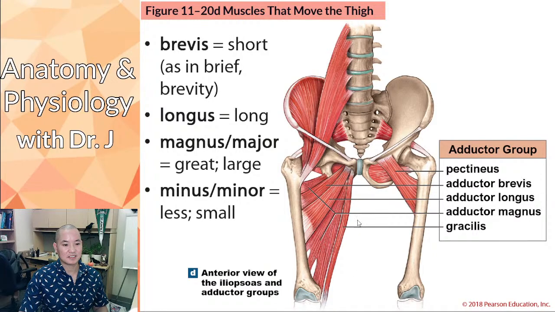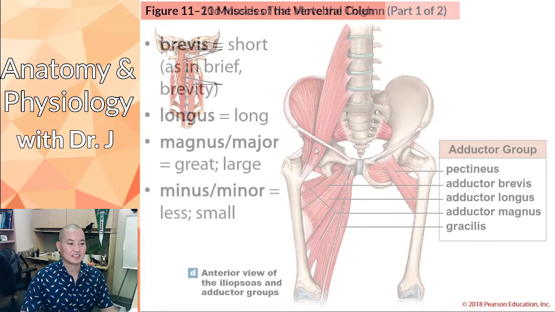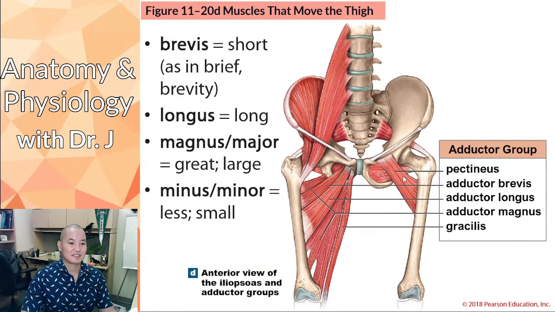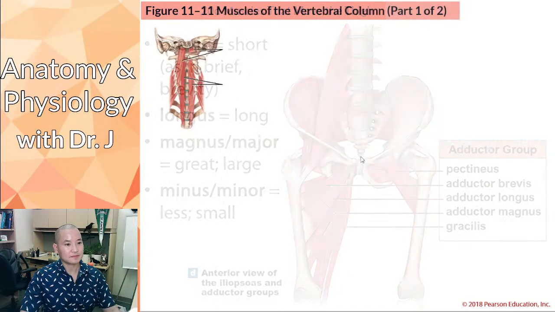And all I have to know is, okay, this is the pectineus and this is the gracilis. And gracilis, I love that one because gracile is a nice way of saying something is skinny or slender, and this is what we have here, a very skinny and slender muscle that helps with adduction.